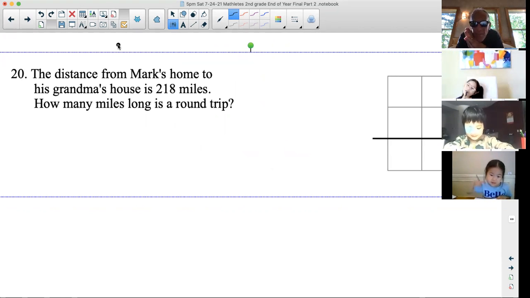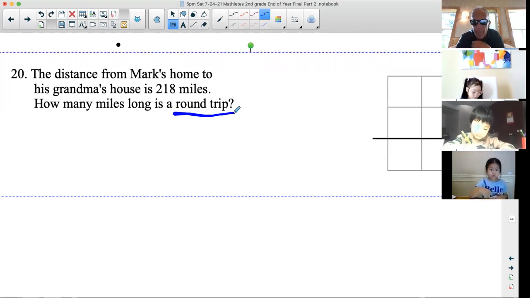The distance from Mark's house to his grandma's house is 218 miles. How many miles long is a round trip? Who can tell me what is a round trip?